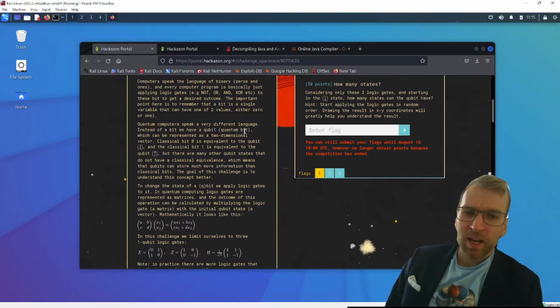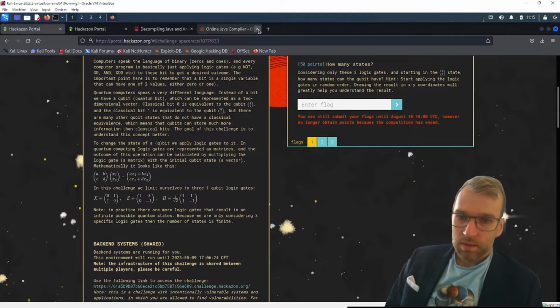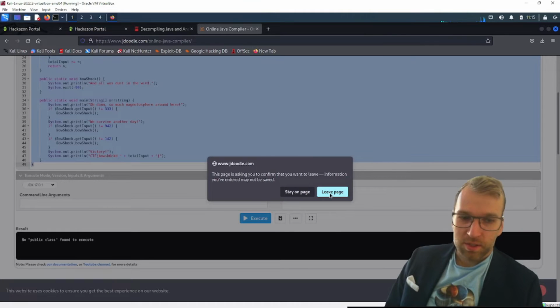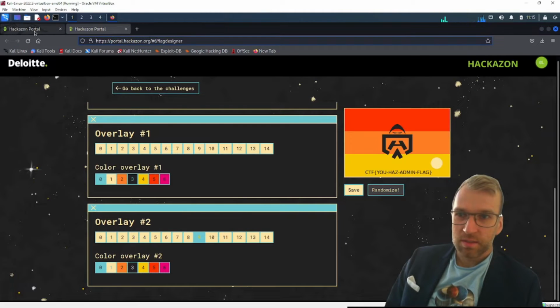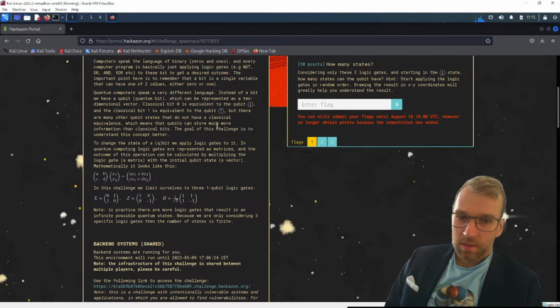But there are many other qubit states that do not have a classical equivalent, which means that qubits can store much more information than classical bits. The goal of this challenge is to understand this concept better.